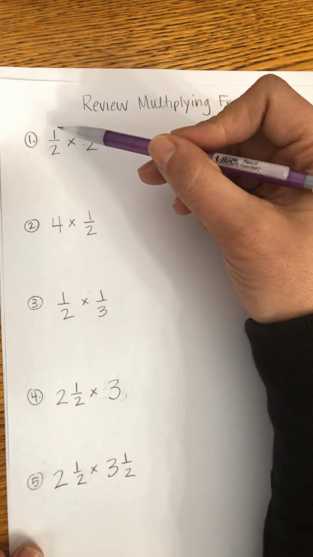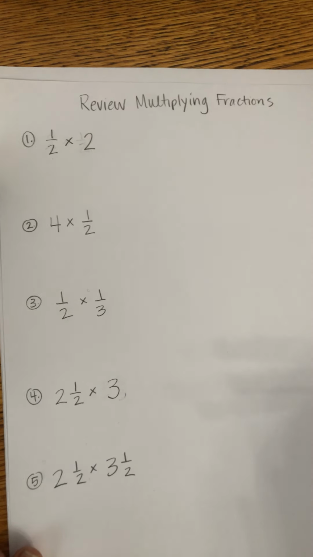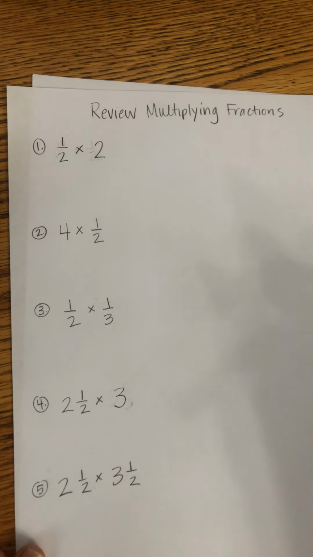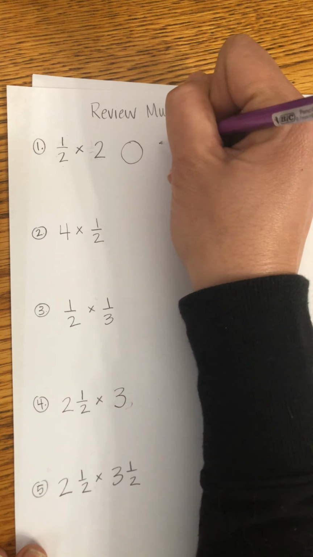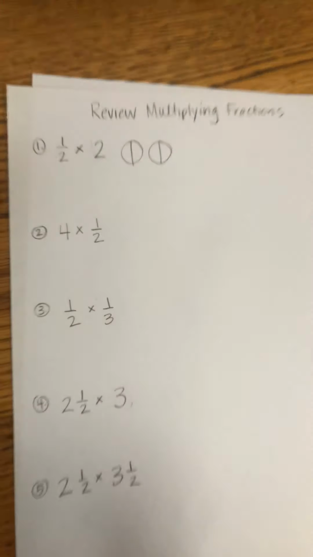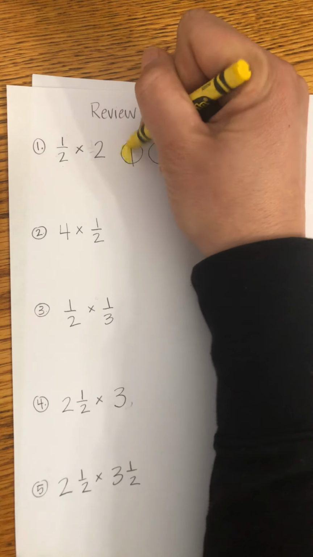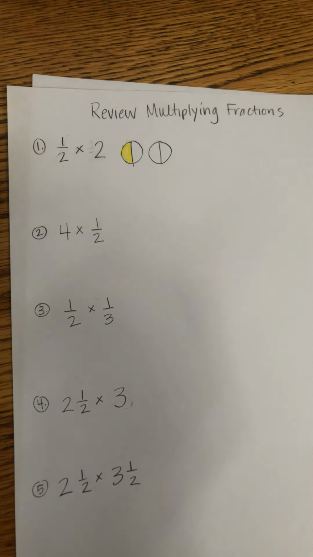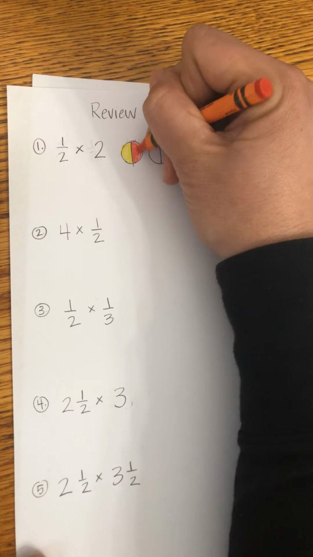Okay, so this first one, 1/2 times 2. Another way of saying this is 1/2 taken 2 times. So visually, you can draw out 2 wholes, cut those in half, right? So I'm gonna take 1/2 one time, and I'm gonna take another half a second time, right?